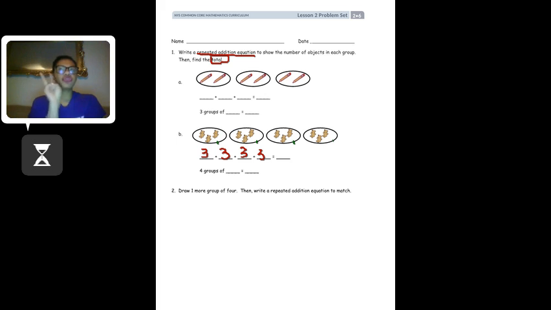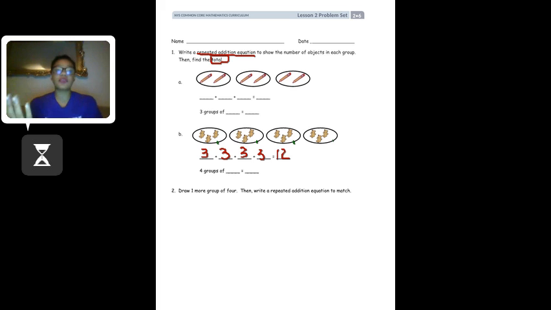I know that 3 plus 3 is 6, and then 6 plus 3 more, 1, 2, 3, is 9, and then 9 plus 3, I'm going to try to use mental math. 9 plus 3 is 12. So I know that we have 12 total teddy bears in all.